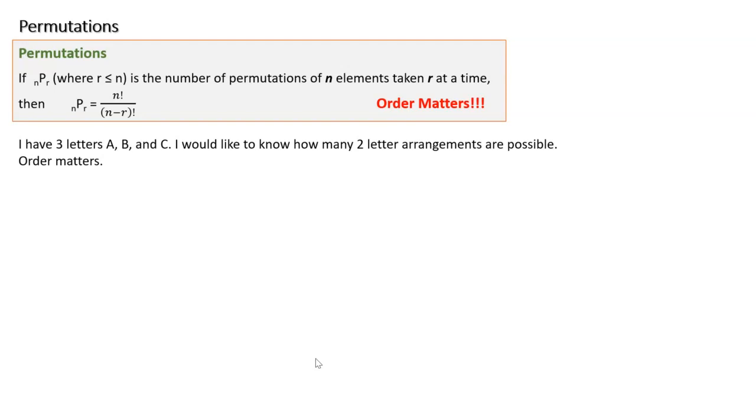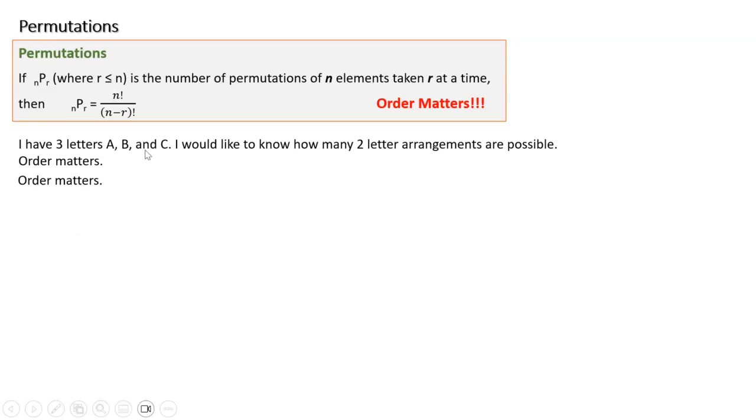I have 3 letters A, B, and C. I would like to know how many 2-letter arrangements are possible. Okay, remember the order matters. I like to use an example because we can actually see it. If we use more than 3, it's going to be hard to see because we might leave out one of the arrangements or orders.